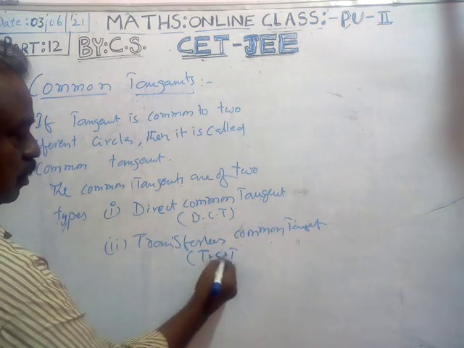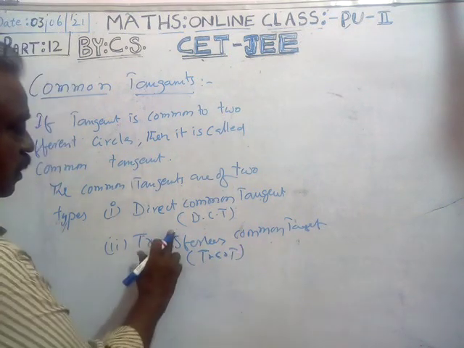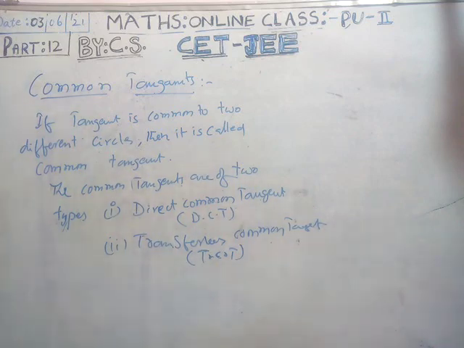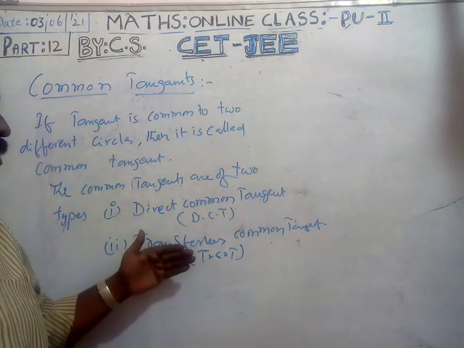One is a DCT and the other is a TCT. Two types: direct common tangent, transverse common tangent.